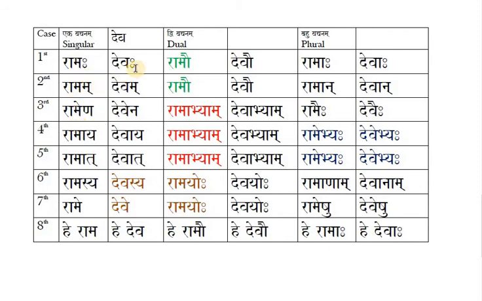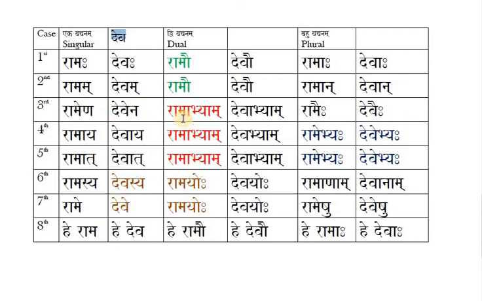But when you want to create new words like Ramaha, Devaha, make the forms of Deva just like Rama. Then Ramaha, Devaha, Ramau, Devau. Look at the last sound. Ramaha, Devaha, Ramam, Devam, Ramau, Devau, Raman, Devan. Like this.